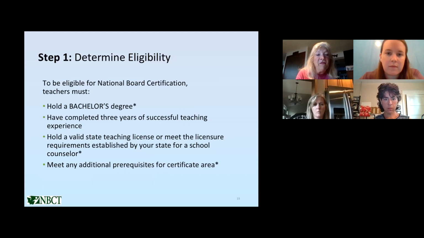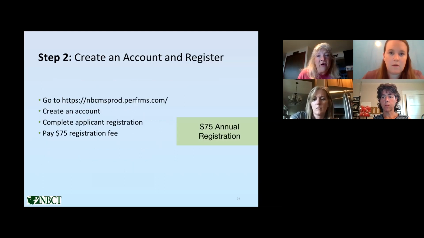You have to hold a valid teaching license, or ESA if you're a school counselor, and you have to meet any additional prerequisites for your cert area. One important note, if any of you are CTE, you do not have to have a teaching degree for that. You just have to be certified under your CTE area.